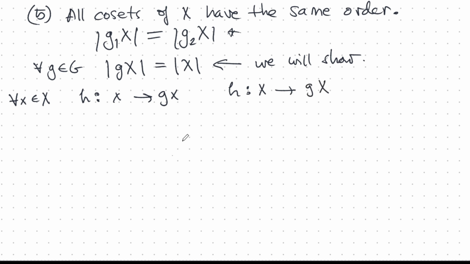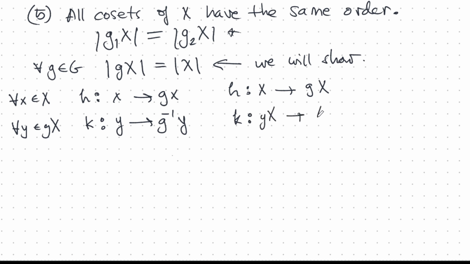And now for all y in gX, so all the elements in the coset, I can define this other function: k takes y and I'm going to define it as g inverse y. And k maps gX back to X. If you sit back and think about this, you'll see that this is true.